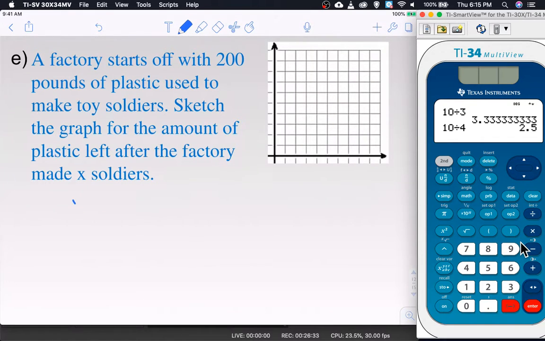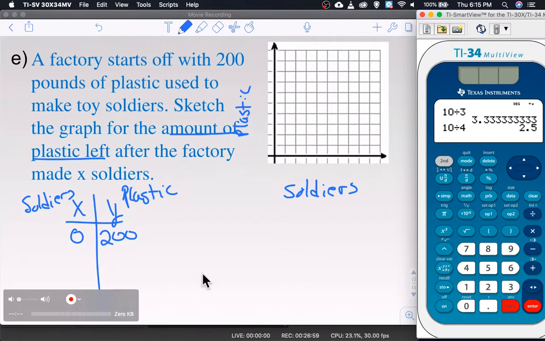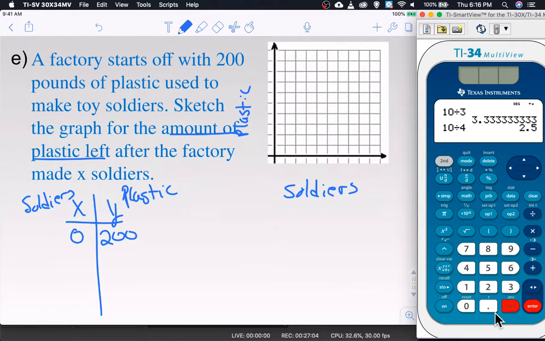Okay, so X, Y. It says X is our soldiers. It says Y is the amount of plastic left. Okay, factory starts off with 200 pounds of plastic. So I actually have a point. When I've made 0 soldiers, I have 200 pounds of plastic.